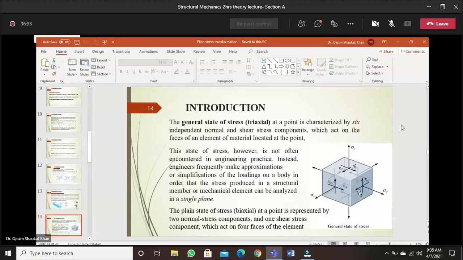And this one will be tau yz. Similarly, in this case, it is now in the z plane. In the z plane, the one acting along the x direction will be tau xz, and the one acting along the y direction will be tau yz.